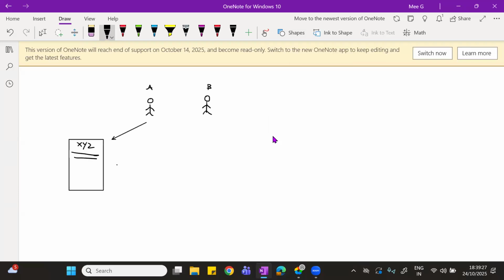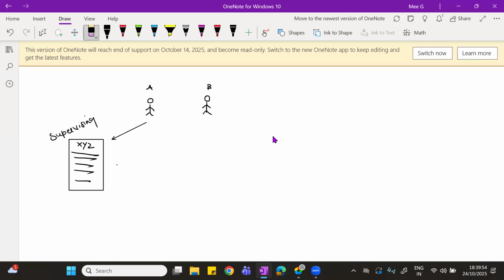They will give him the material and make sure they are training him by providing the necessary information and that he is learning. So this is nothing but under supervision. This is called supervised learning.